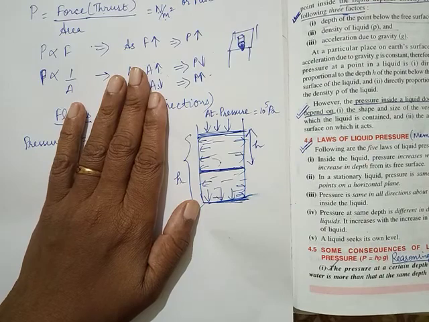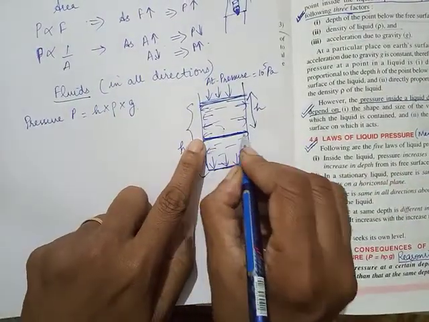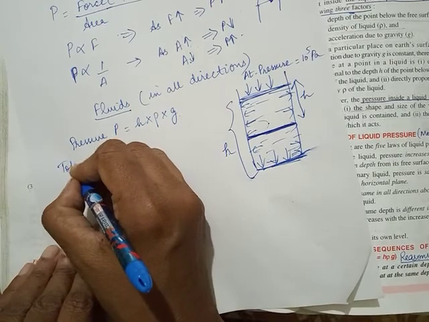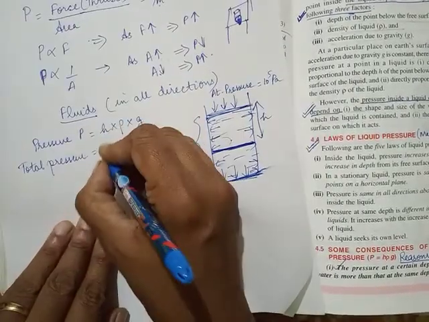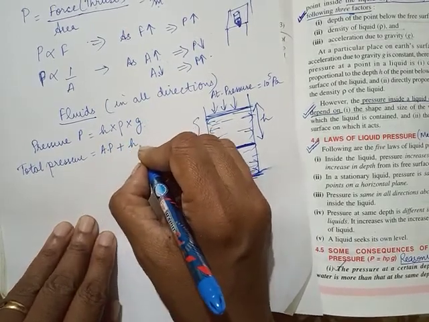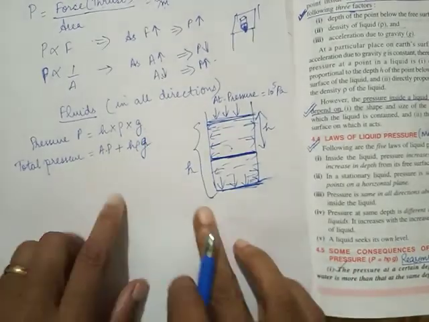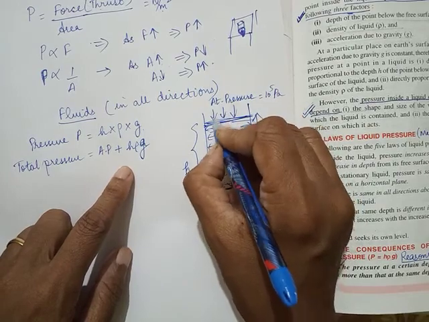So, if I have to calculate the pressure at this height accurately, the total pressure will be atmospheric pressure plus h rho g. Because this is already acting. It's an invisible thing, but it's already acting.